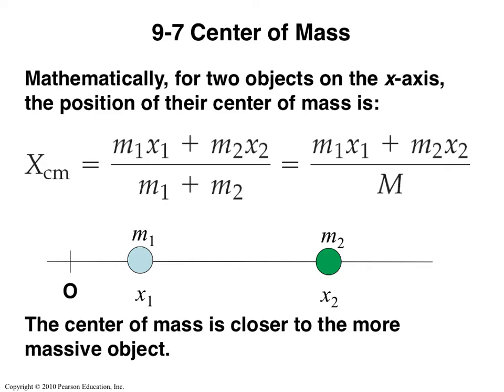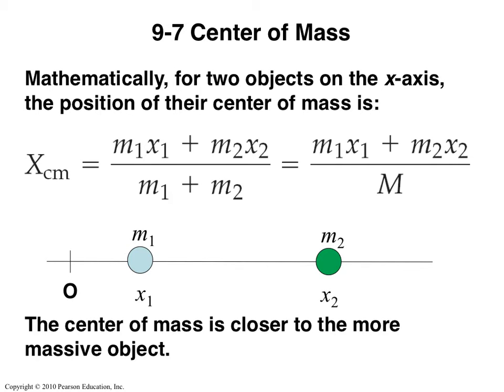If they are equally weighted, if M1 equals M2, where is the center of mass? It should be in the center, right? Because they are equal. And if you put M1 equals M2, you can take it out, you get x1 plus x2 times m, divided by m plus m, divided by 2m, you get x1 plus x2 over 2. x1 plus x2 over 2 is the average of those two numbers, which would be in the center.